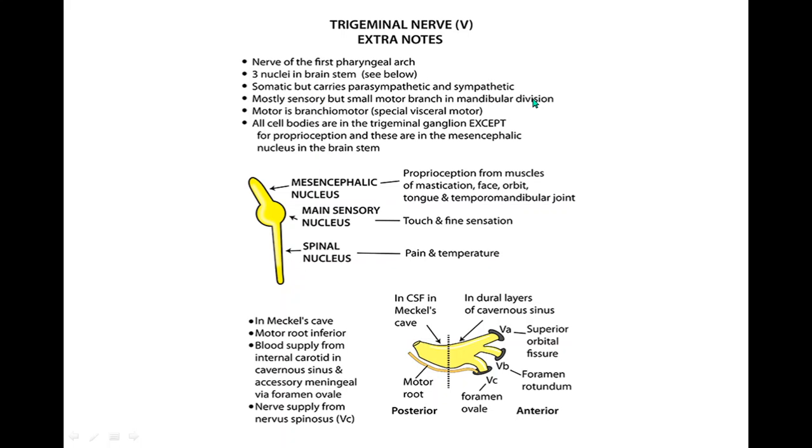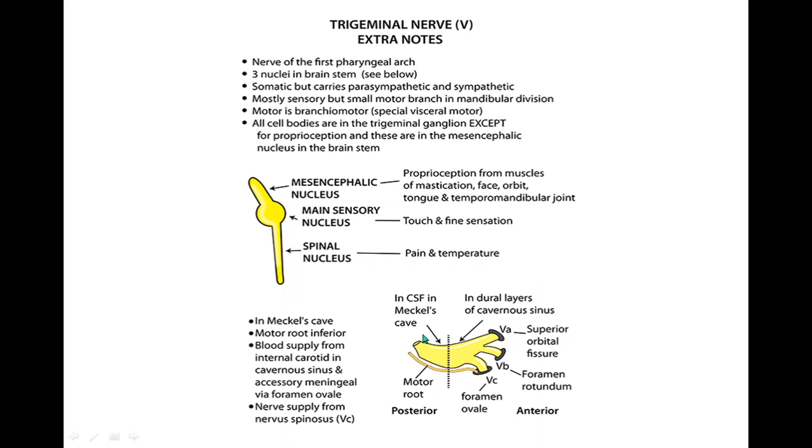As I said, the ophthalmic and the maxillary are purely sensory, whereas the mandibular is mixed, with a small part having the motor component. The majority of its fibers are sensory, but a small part is motor. So mandibular is the mixed nerve, whereas ophthalmic and maxillary are purely sensory.